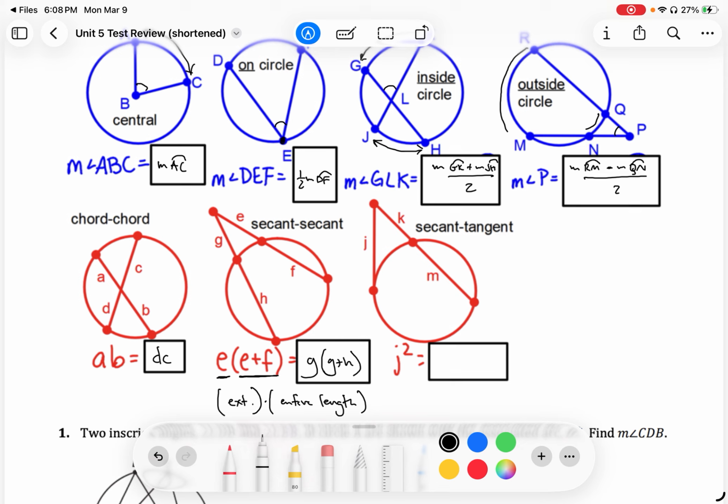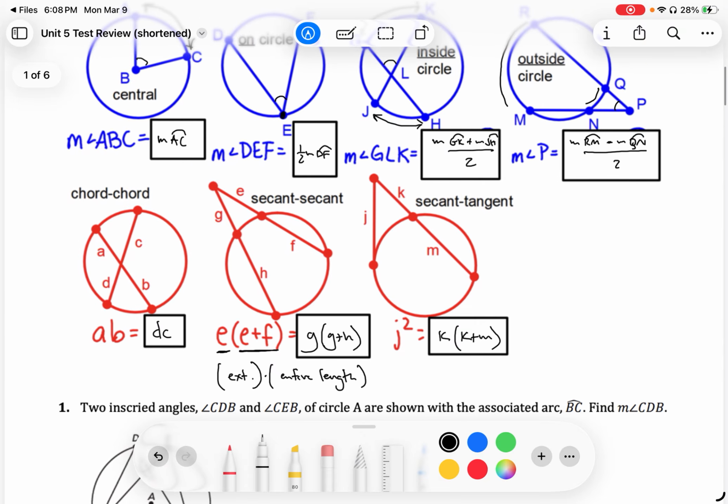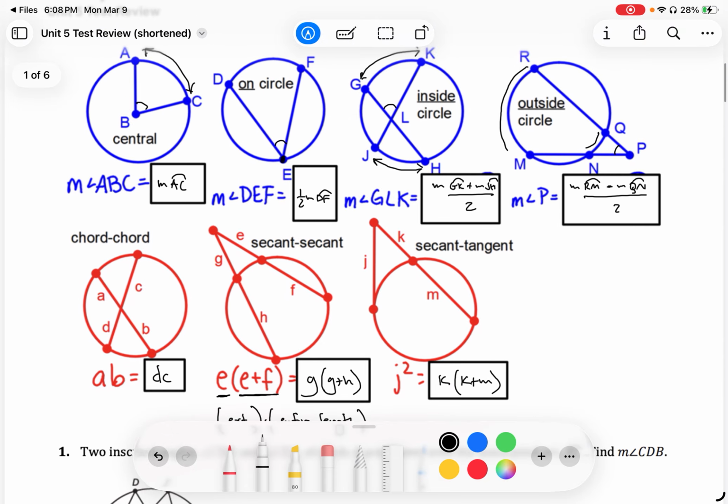And the secant tangent product theorem is the same thing, except because you have a tangent, you just square its length. So the length of your tangent squared equals the exterior portion of your secant times the entire length of the secant. Okay, so those are some of the main things we need to know about circles.